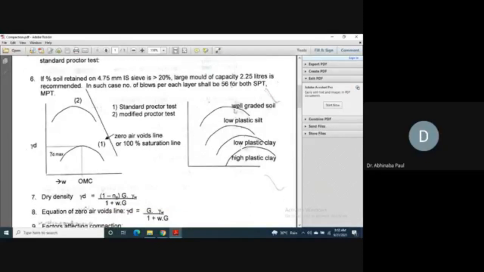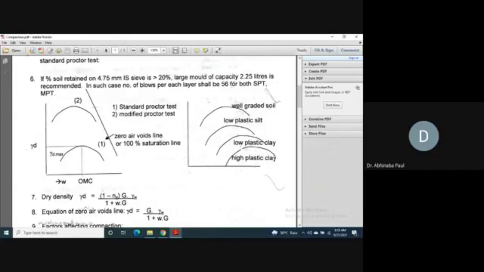Now if we talk about how the soil type varies the curve, we can see that clay soil has a high moisture holding capacity. So it is always on the maximum right-hand side of the graph, which indicates a high OMC.